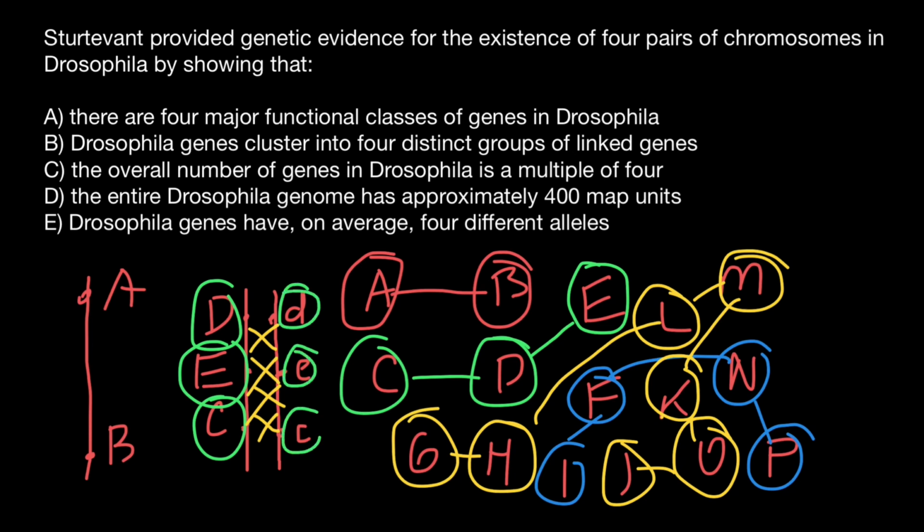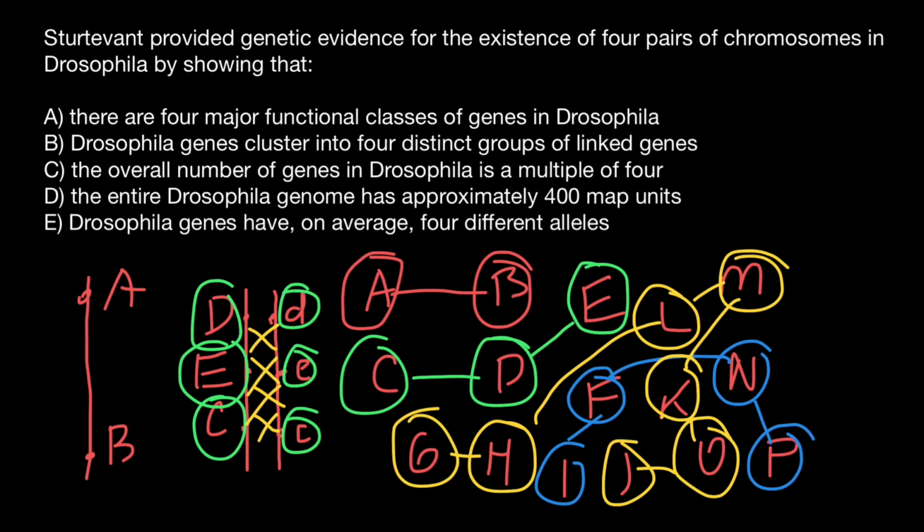Again, this just confirms the theory that genes that have a tendency to be inherited together are on the same chromosome, and genes which are on different chromosomes are not going to show this tendency and would be inherited independently from each other.